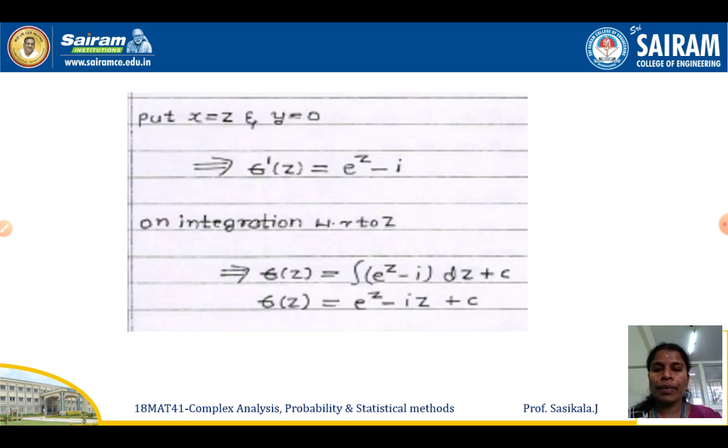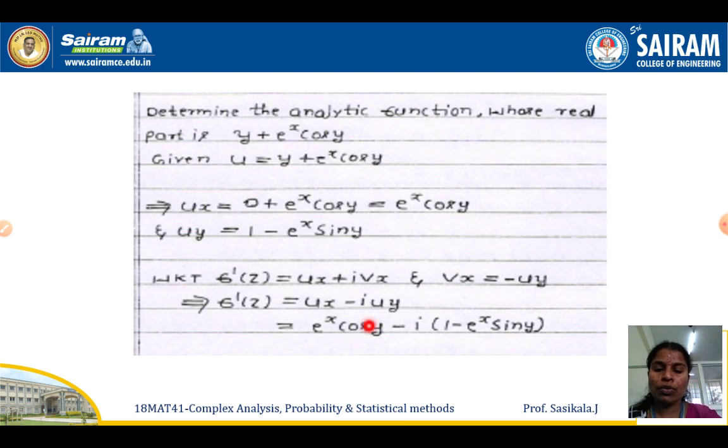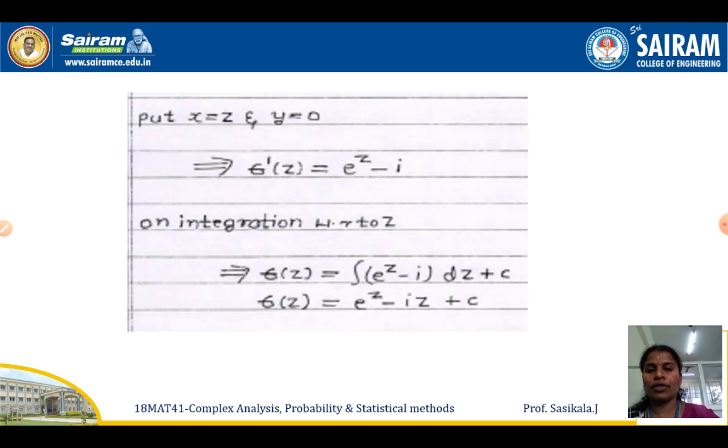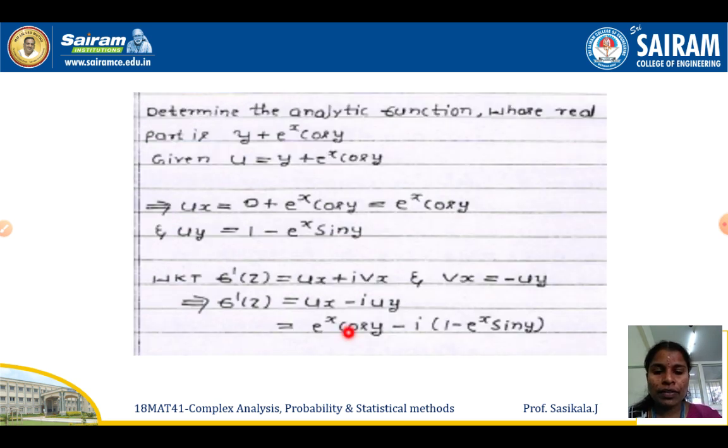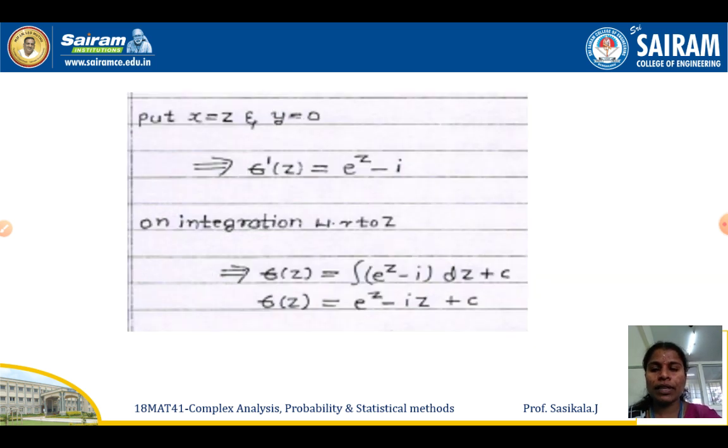So now what will happen? You can substitute x is equal to z, y is equal to 0, because I need to integrate the term to get your f of z. Okay. So f dash is equal to e power z cos y, and cos 0 will be 1 and sin 0 will be 0, it will go. So you will not get any imaginary term, only the e power z term I will get, isn't it?